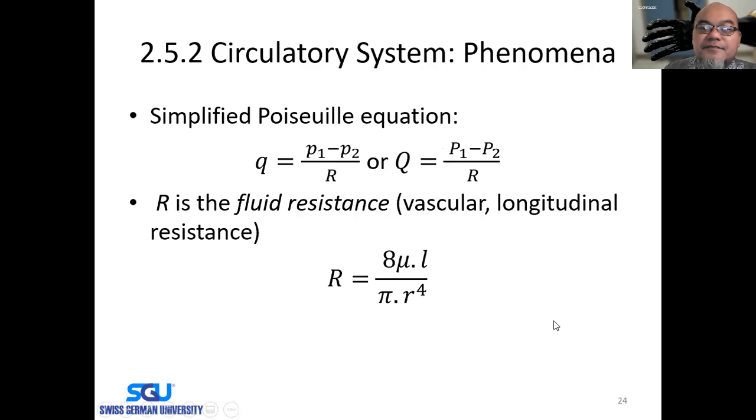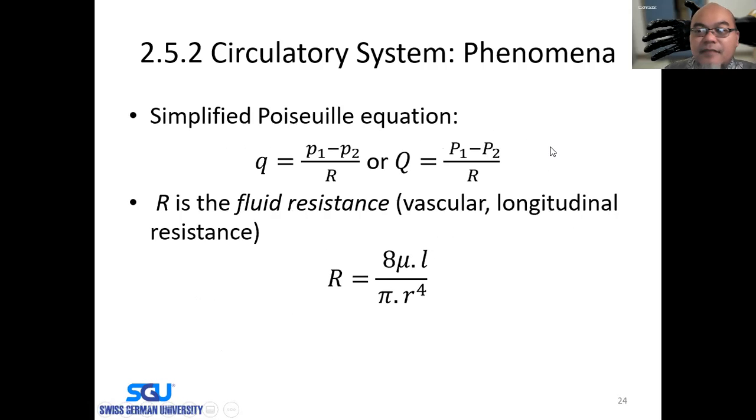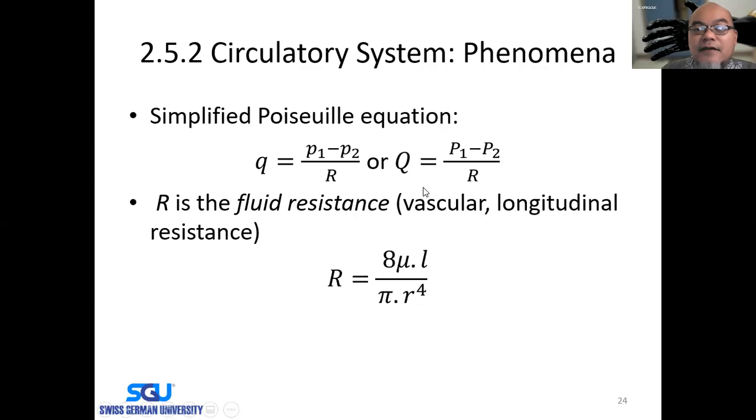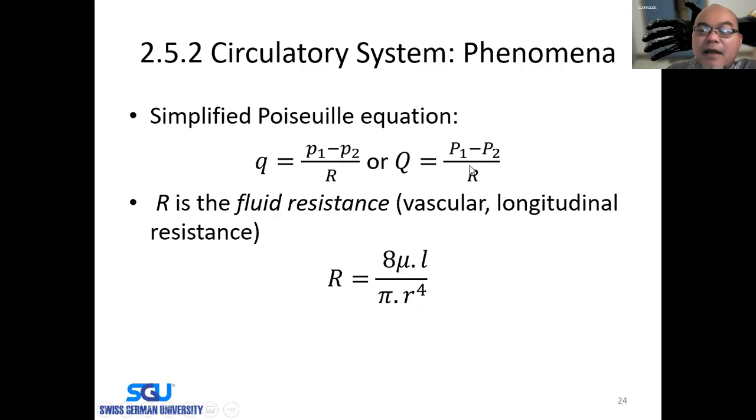If we simplify, the pressure terms become P1 and P2, and the other parameters become R, where R is the fluid resistance, or vascular or longitudinal resistance, where R equals 8 mu L divided by pi R to the power of 4.